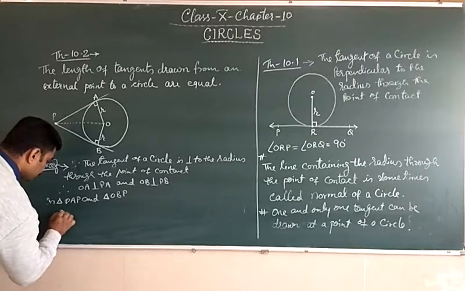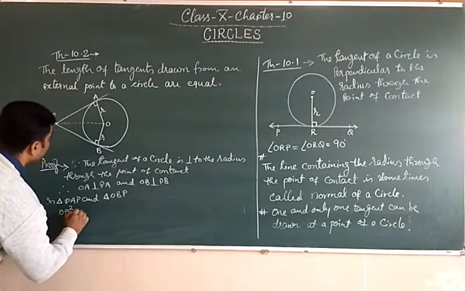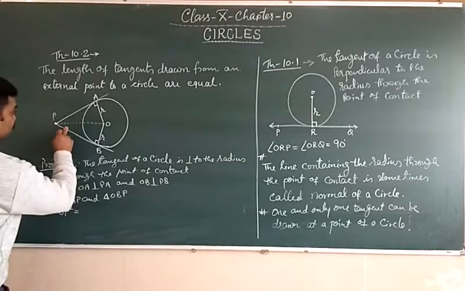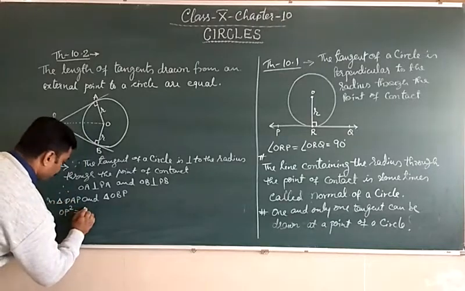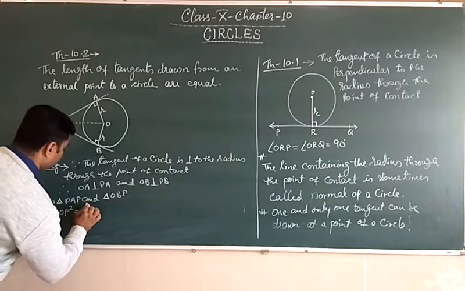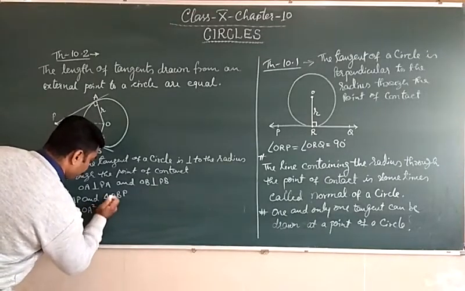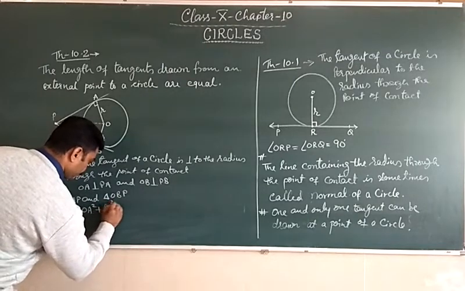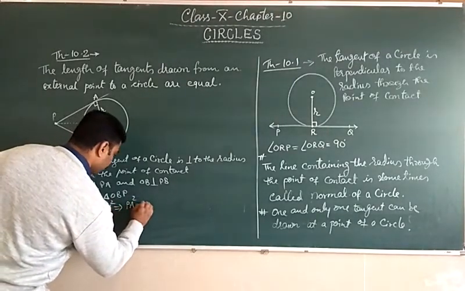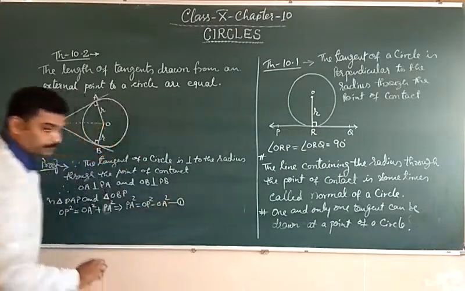So OP square is equal to OA square plus AP square, or PA square. From here, PA square is equal to OP square minus OA square, equation number 1.